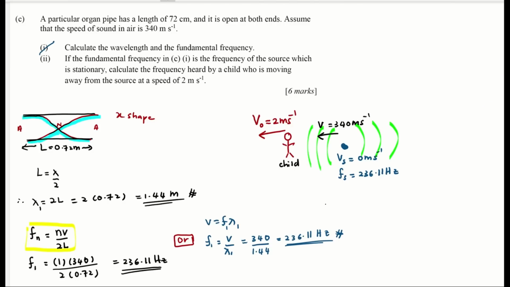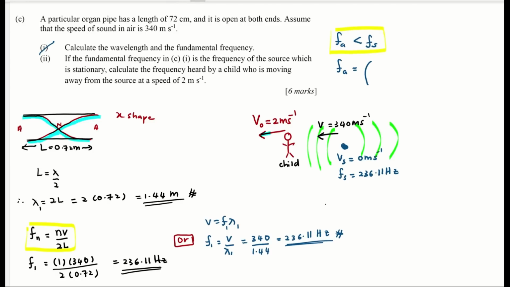Alright, now we want to calculate the apparent frequency, which is the frequency heard by the child when moving away from the source. If the observer is moving away from the source, the apparent frequency we calculate must be smaller than the frequency of the source. So remember the equation given, V plus minus V0. Here the observer is moving, so we look at the arrows to decide plus or minus.